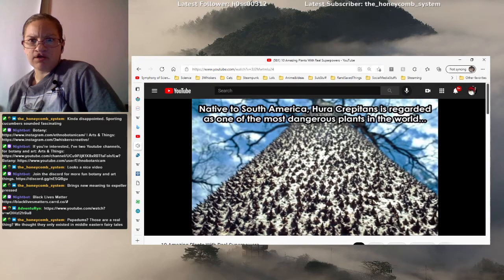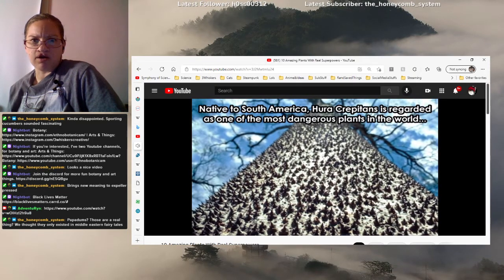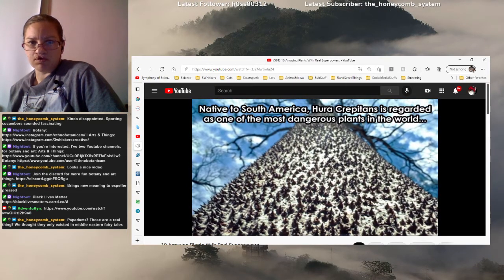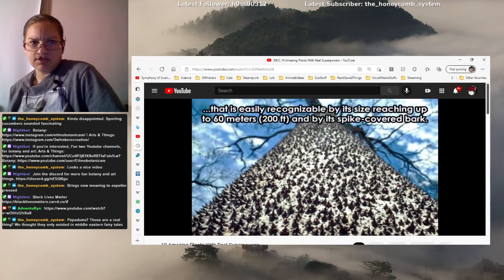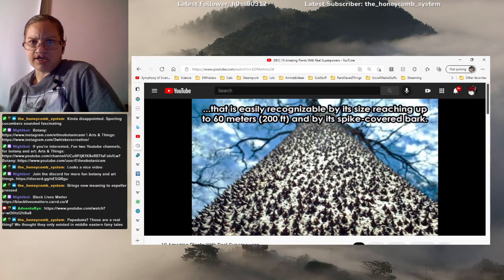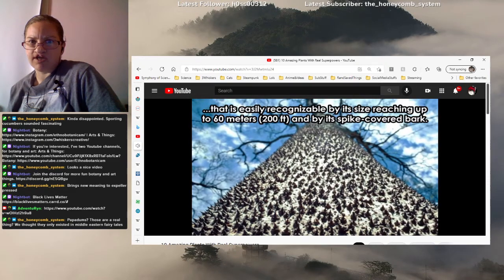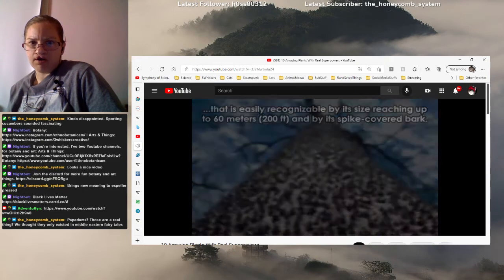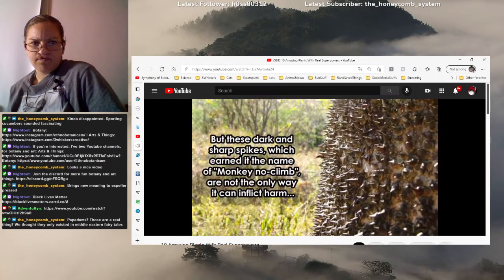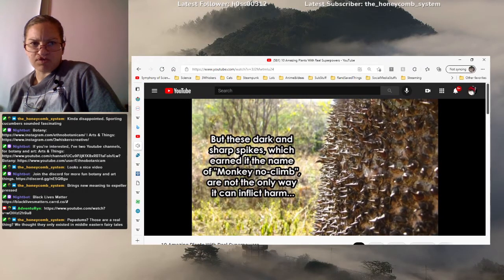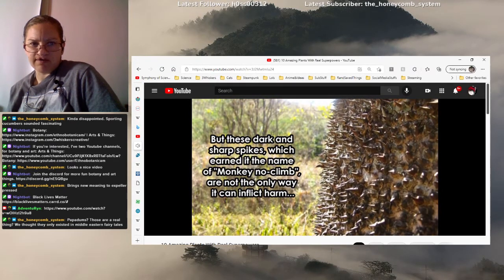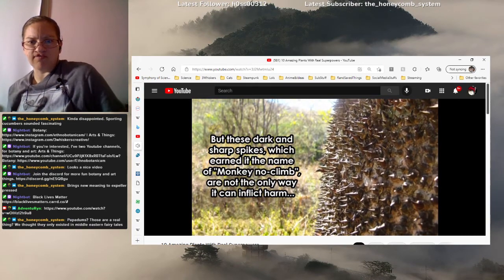Native to South America, Hura crepitans is regarded as one of the most dangerous plants in the world. It's easily recognizable by the size, reaching up to 60 meters or 200 feet, and its speck-covered bark. The dark and sharp spikes, which earned it the name monkey no-climb, are not the only way it can inflict harm.